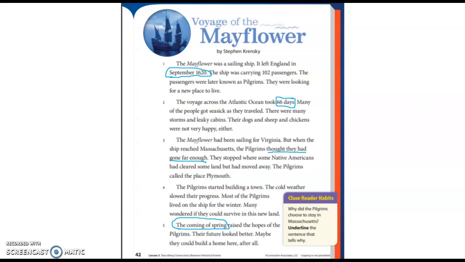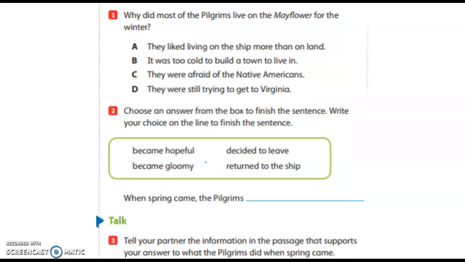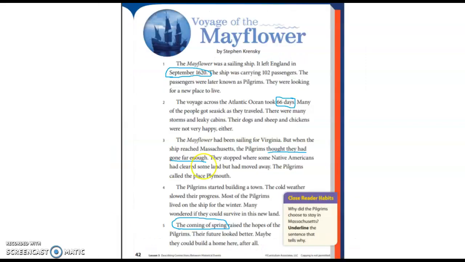Okay, let's take a look at some practice test questions together. So why did most of the Pilgrims live on the Mayflower in the winter? Let's go back to the text and figure out why they lived on the Mayflower during the winter.